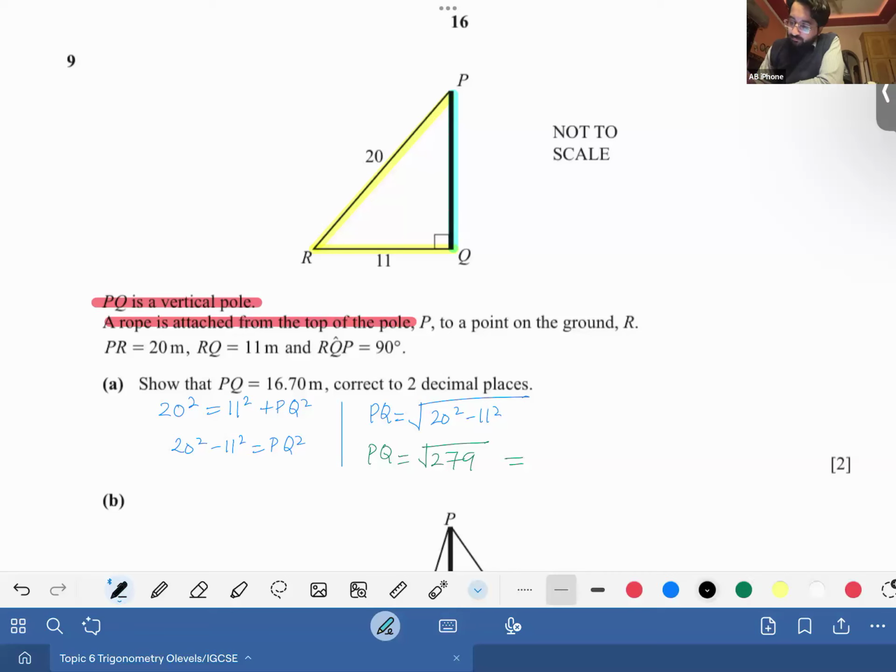And what is the square root of 279? 16.703. They want us to give the answer to 2 decimal places. So 16.70, so this is approximately equal to 16.70, and the result is shown.